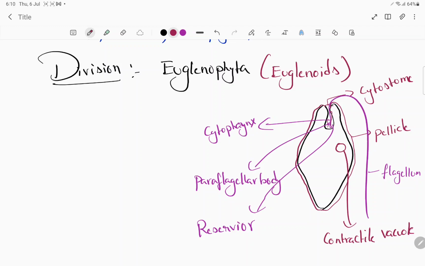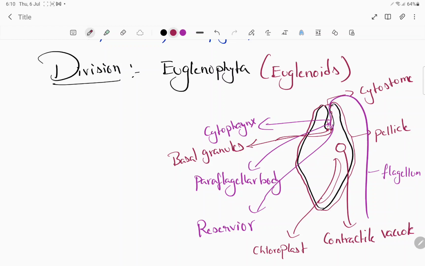And here we have the chloroplast, basal granules, nucleus, and myonemes.